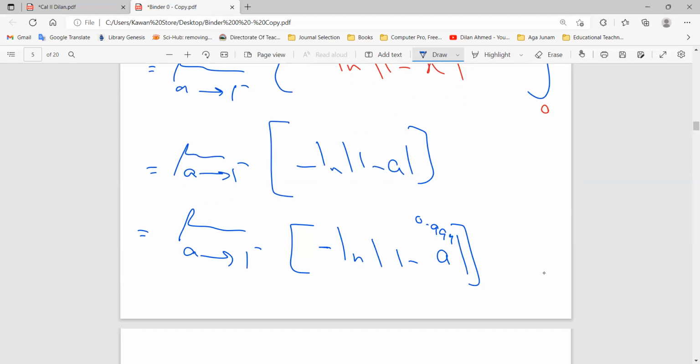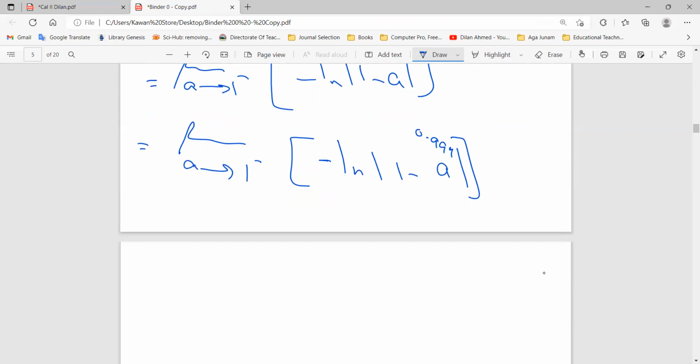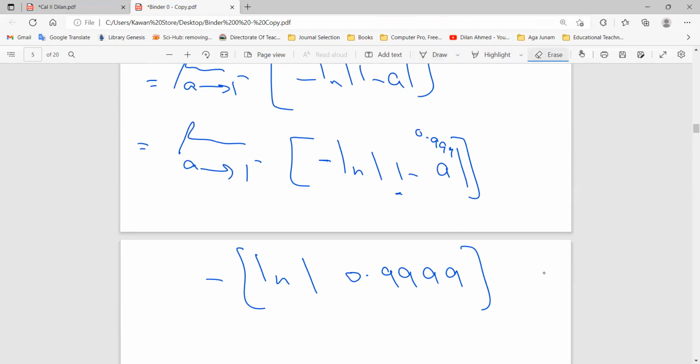So if I put 0.999, I will get minus ln of (1 minus 0.999), which is 0.001.